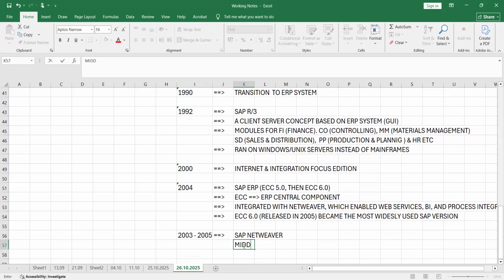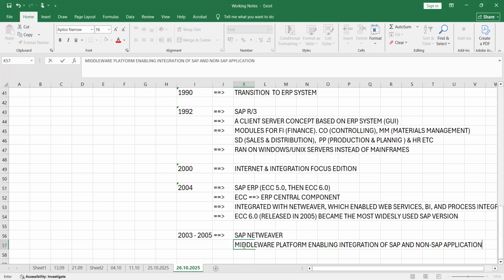I can mention it as a middleware platform enabled integration of SAP and non-SAP applications.